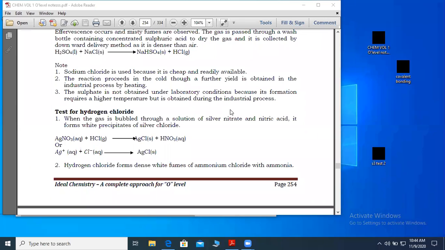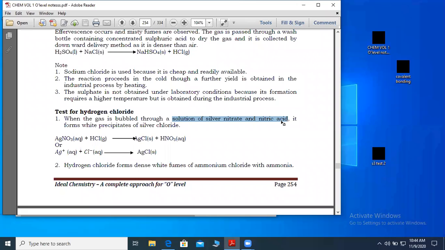So since silver chloride does not dissolve in water, whenever it is formed it appears as a white precipitate. That's why when we are doing the test for hydrogen chloride gas, we bubble it through a solution of silver nitrate and nitric acid.